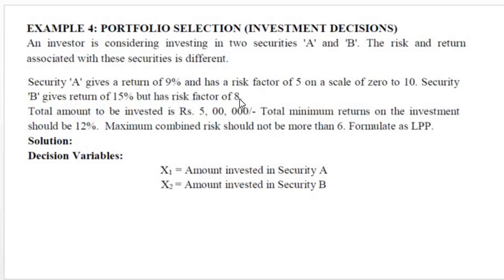Risk factor is given, and return percentage is also known, and the total amount to be invested is rupees 5 lakhs. The other two conditions are on return and risk. Total minimum return on the investment should be 12%, and maximum combined risk should not be more than 6.